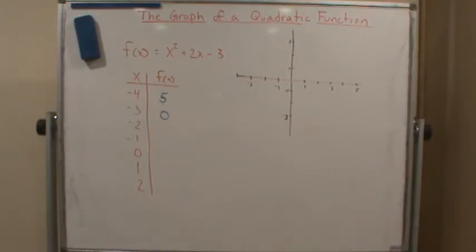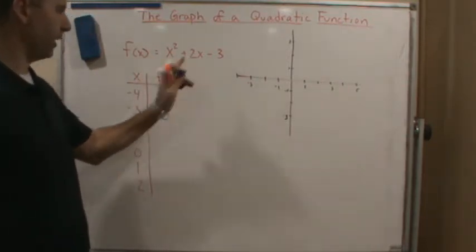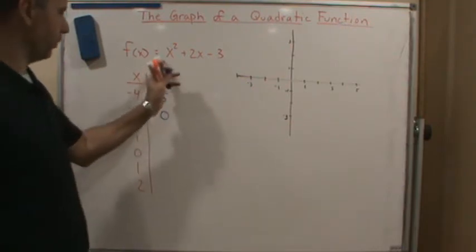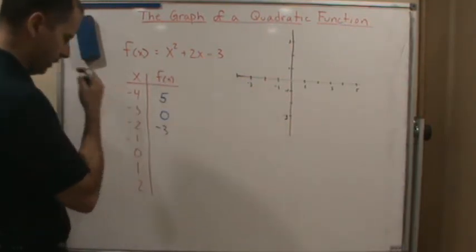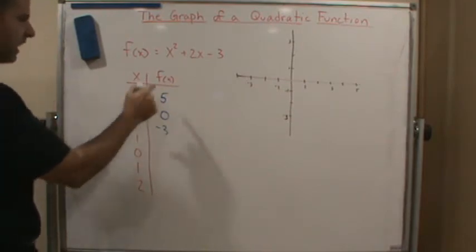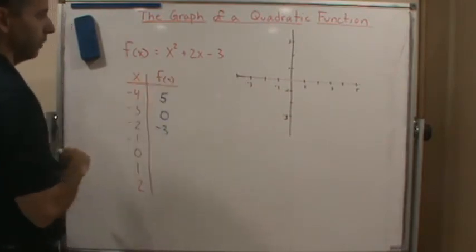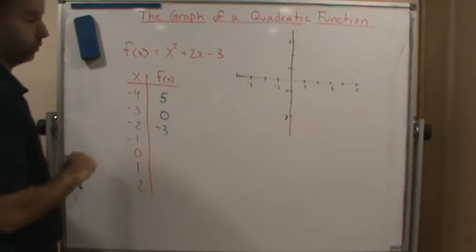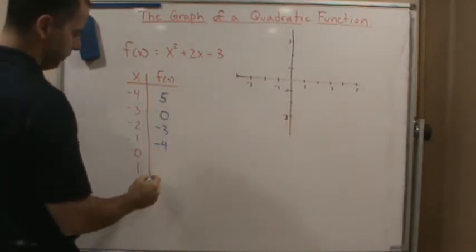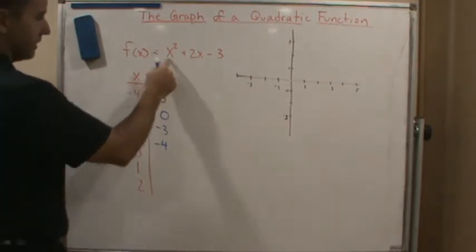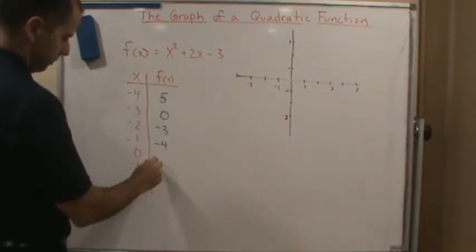Now if we put in -2, what do we get? Well, we get 4 minus 4 minus 3, so that gives us -3. Then we stick in -1, we get 1 minus 2, which is -1, minus 3, which is -4. If we stick in 0, we get -3.